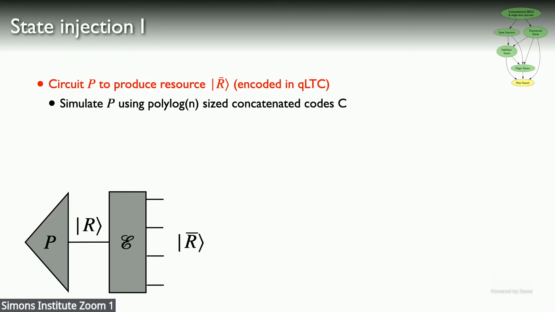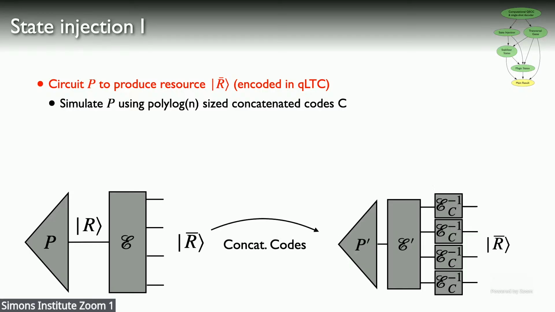And the trick is that we're going to simulate this circuit such that it only encounters an error with constant probability. We're going to take some of these concatenated code schemes from the 90s and replace all the operations here with concatenated code operations. All our qubits are going to be replaced by these concatenated codes, such that this only fails with constant probability.